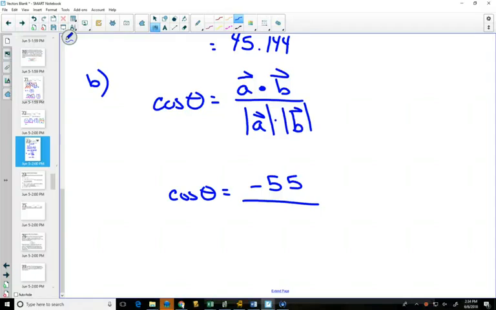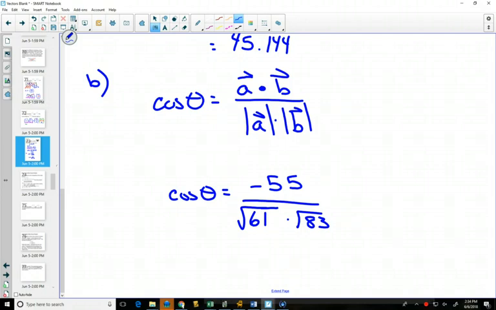And the length of A will be root of 36 plus 9 plus 16, root 61. And the length of B will be 81 plus 1 plus 1, root 83.